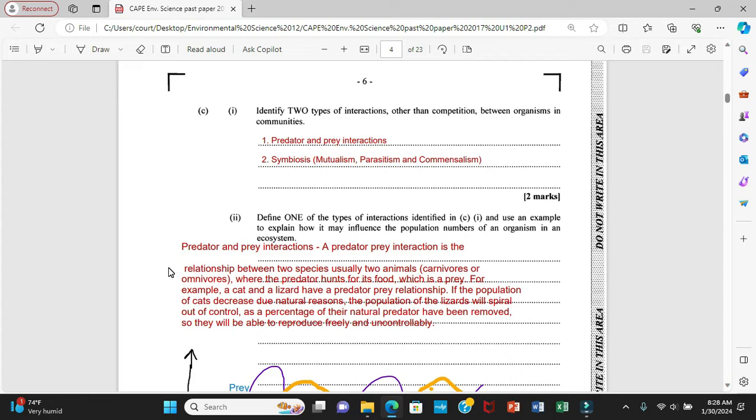So in simpler words, if the cats cannot find the lizards to hunt, catch and kill them, it maybe means that the lizards are in an area where they are hiding, and so they are able to stay free of the cats, and in so doing they find food and start to reproduce and produce a lot of offspring.